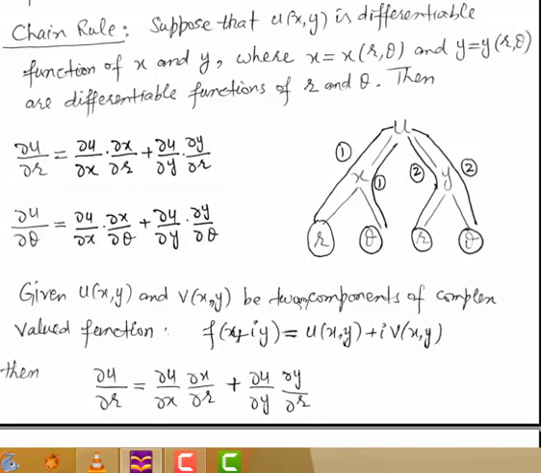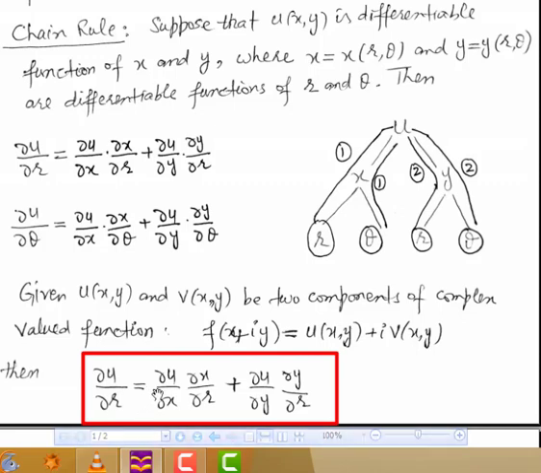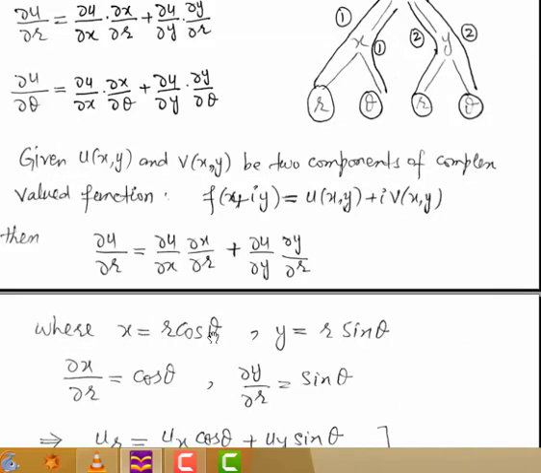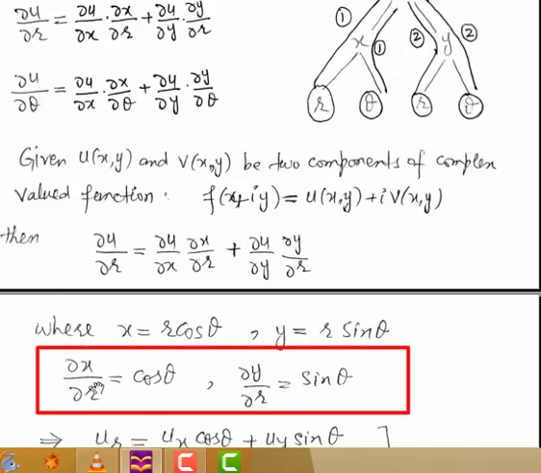Given u and v are the two components of complex valued function f(x plus iota y) equals u plus iota v, then partial u by partial r is equal to partial u by partial x into partial x by partial r plus partial u by partial y into partial y by partial r. As we know that x equals r cos theta, y equals r sin theta, so partial derivative of x with respect to r is cos theta and partial derivative of y with respect to r is sin theta.